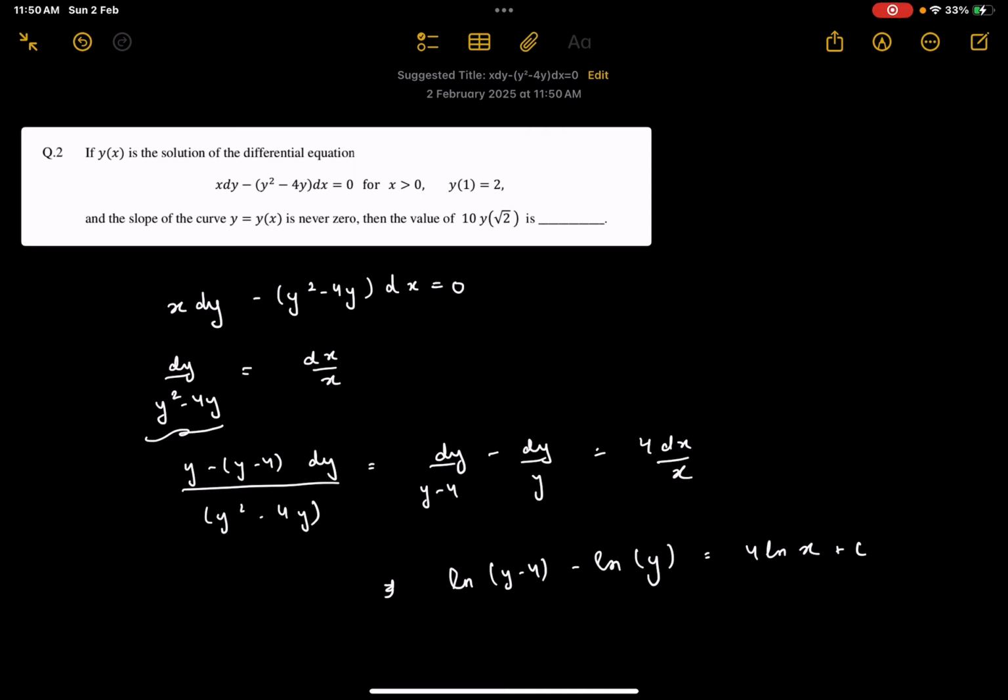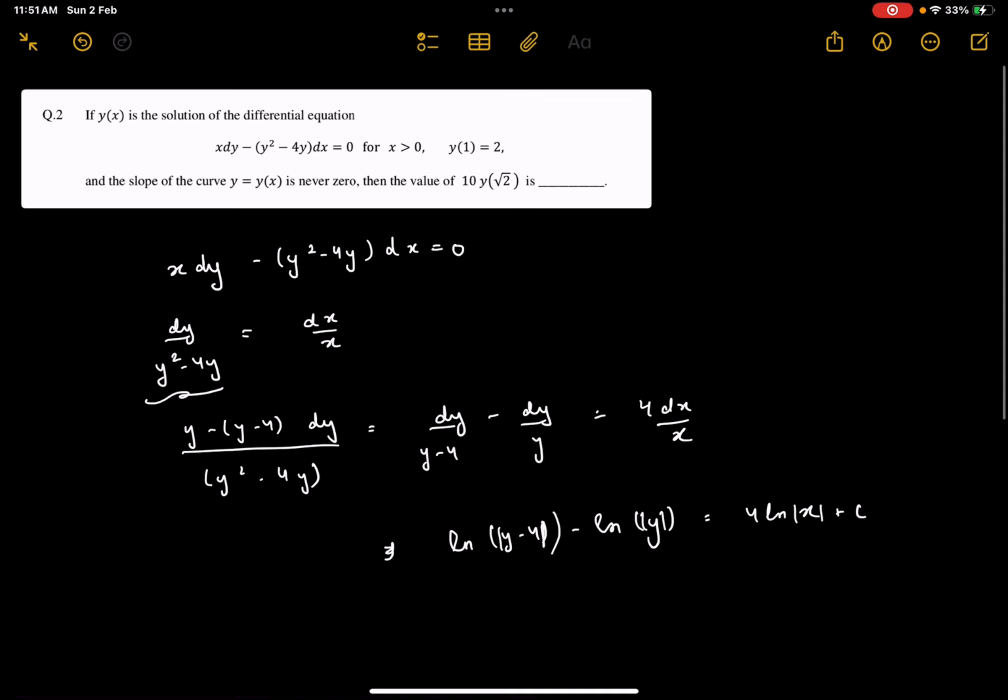Now y(1) equals 2, so we get ln |2| minus ln |2| equals 4 ln |1| plus c. So these get cancelled, this is 0, so we get c is 0.